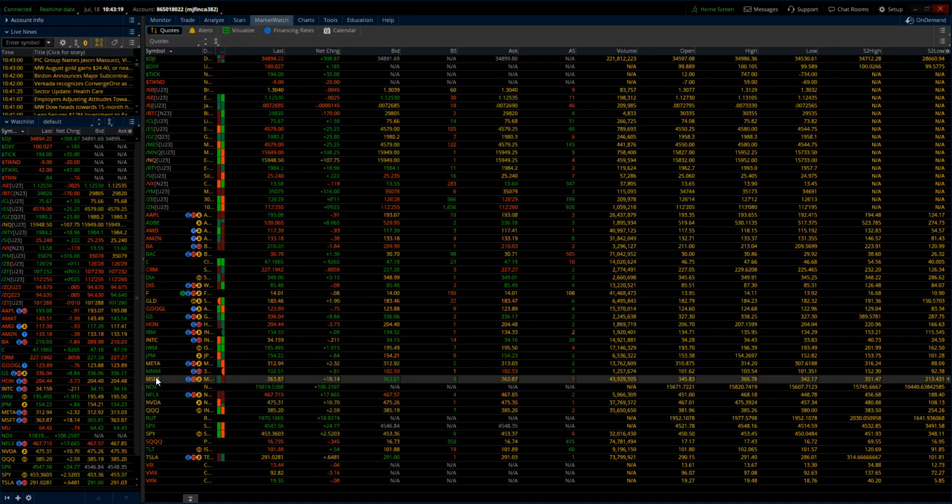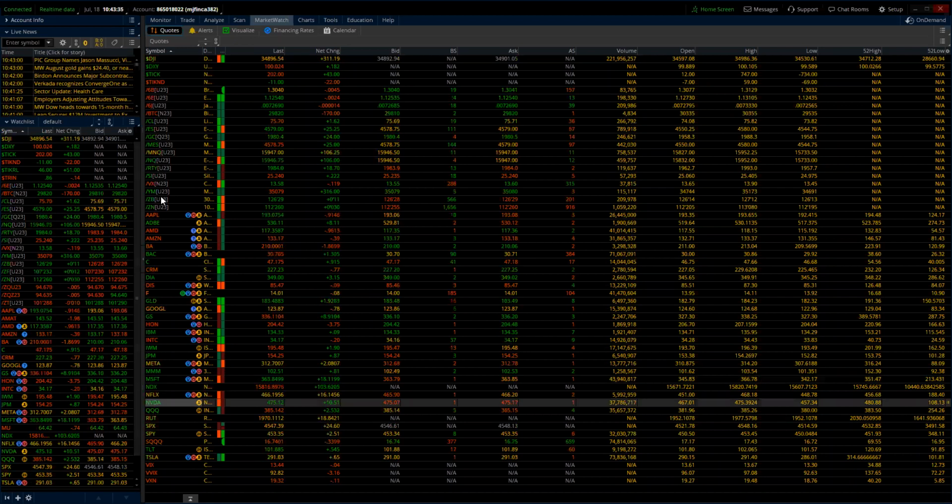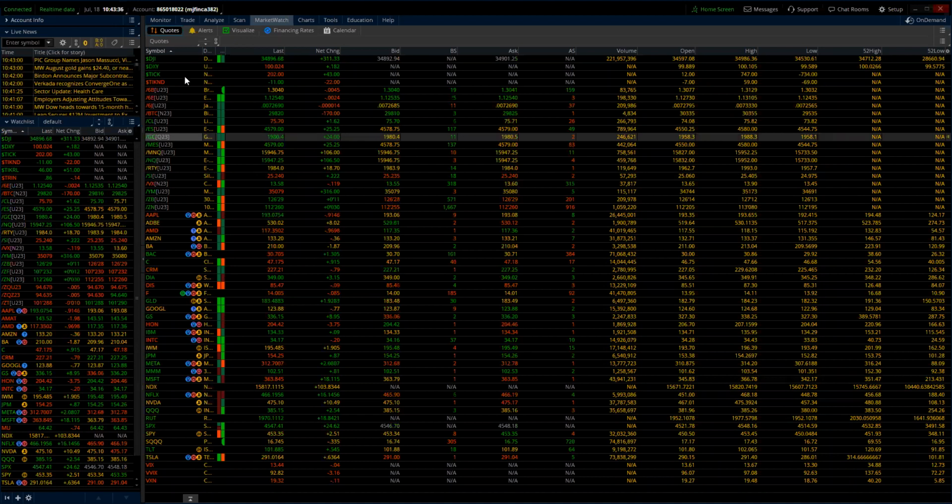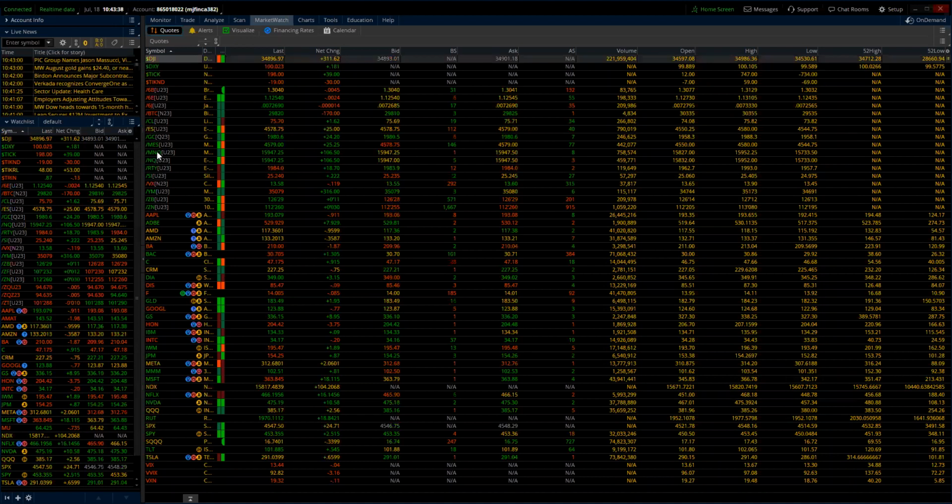Now, Microsoft is one of the heaviest weighted stocks in the NASDAQ, and also one of the heaviest weighted stocks in the Dow and in the S&P. So when that thing takes off, it affects the S&P, the Dow, and the NASDAQ.